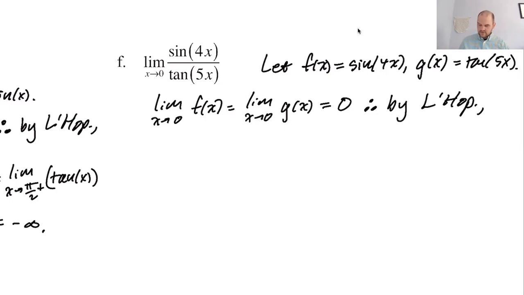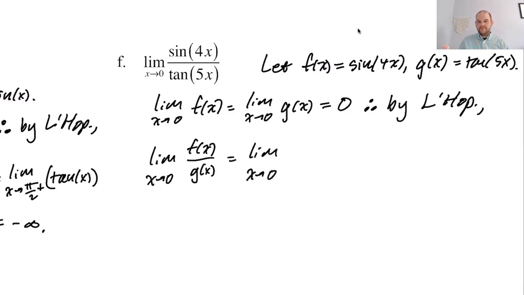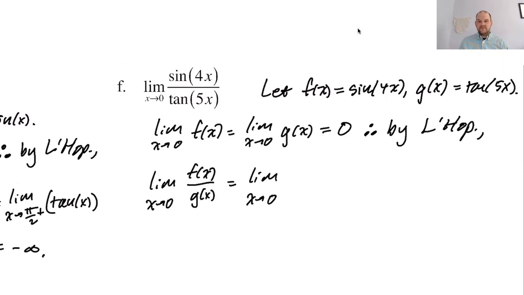Therefore, by L'Hopital's rule, the limit as x approaches 0 of f of x over g of x is equal to the limit as x approaches 0 of f prime, which is the derivative of sine of 4x. So that's going to be 4 cosine of 4x, by the chain rule, over the derivative of tangent of 5x, which is going to be 5 secant squared of 5x.